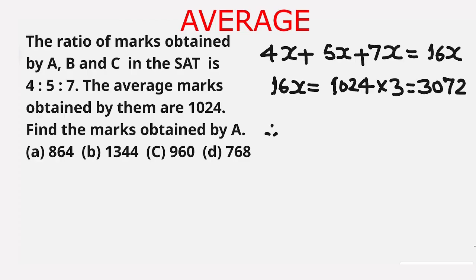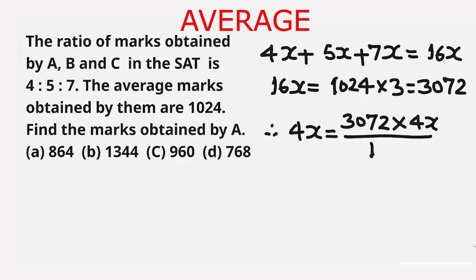Therefore, marks obtained by A, which is 4x, so 4x equal to 3072 multiplied by 4x divided by 16x. 4x cancels 16x for 4 times. 4 divides 30 for 7 times. 7 times 4 is 28. 30 minus 28 is 2. We carry 2.